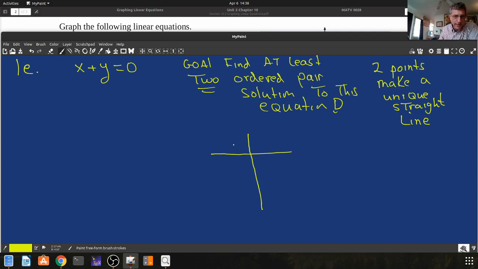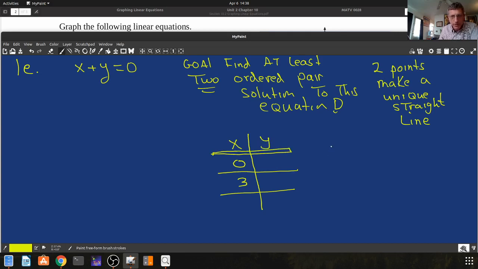So in this case, let's just choose a value of x equal to 0 and a value of x equal to 3. I kind of like to space points out because you're going to be plotting them, and you want them to be a little bit distant from each other. It makes it easier to plot.